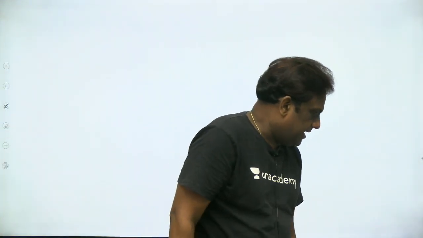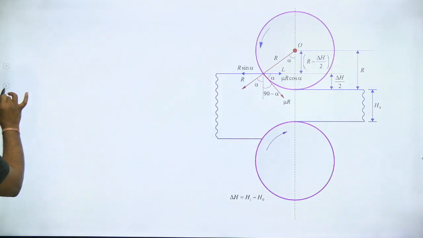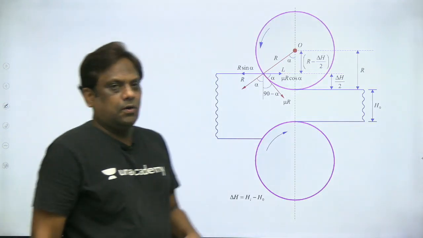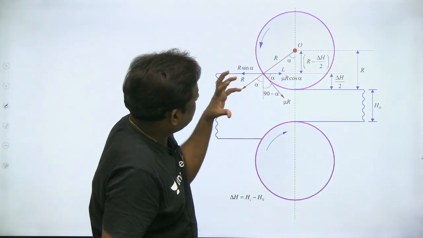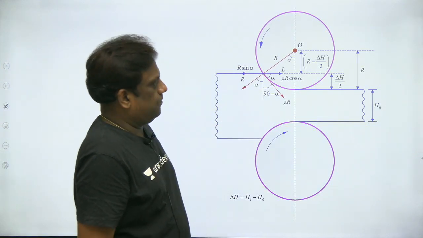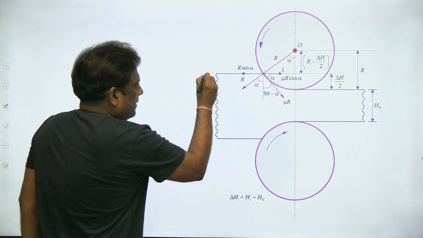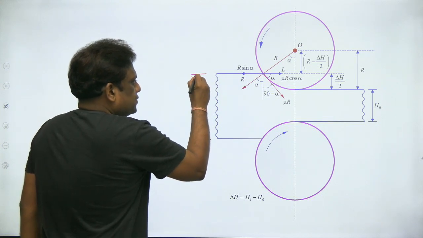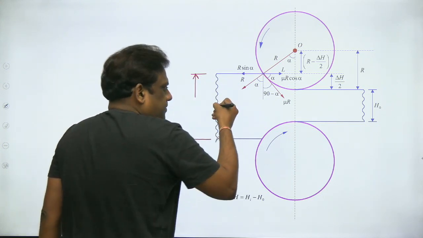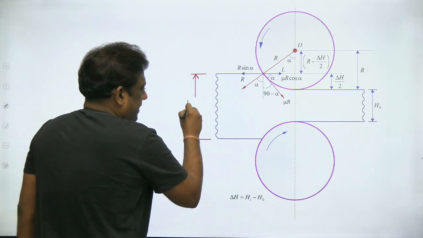Excellent, my dear students. Now observe carefully. So this is the situation. Now let the initial thickness of our strip or the work be HI.